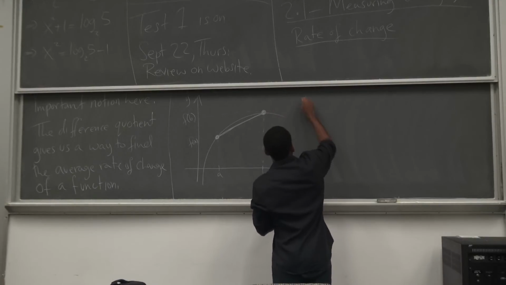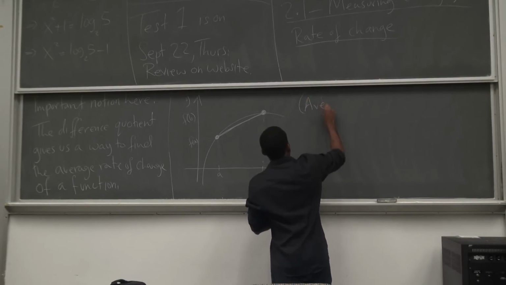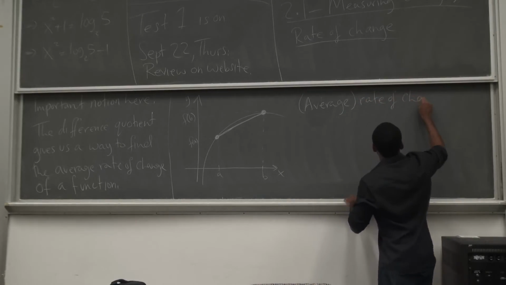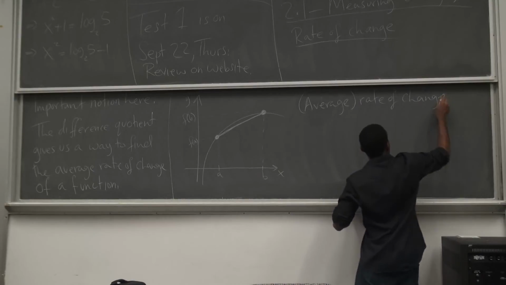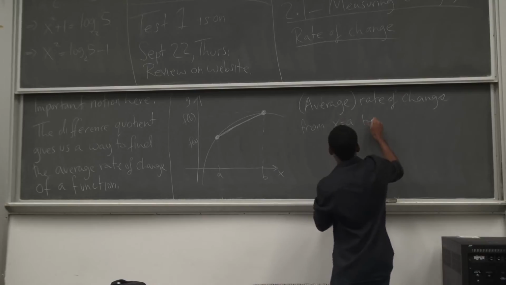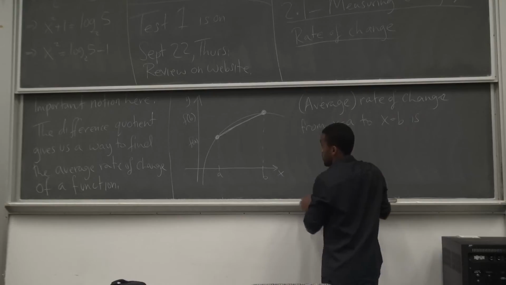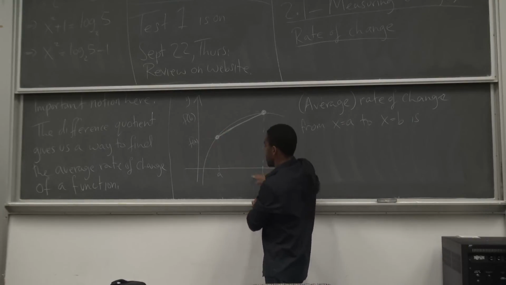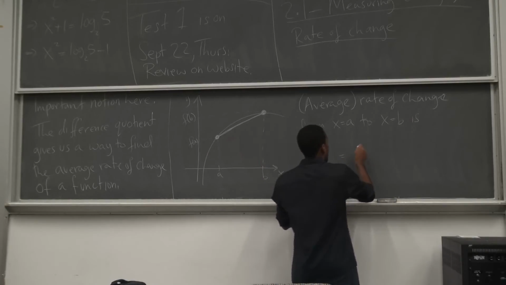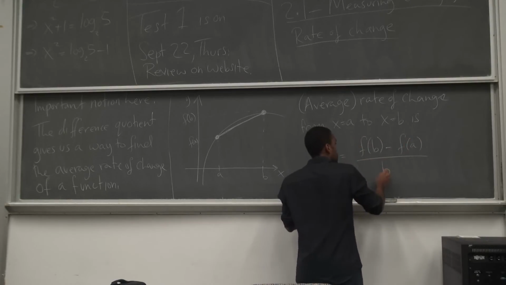Here, the average rate of change from x equals A to x equals B is basically y2 minus y1 over x2 minus x1. F of B minus f of A over B minus A.